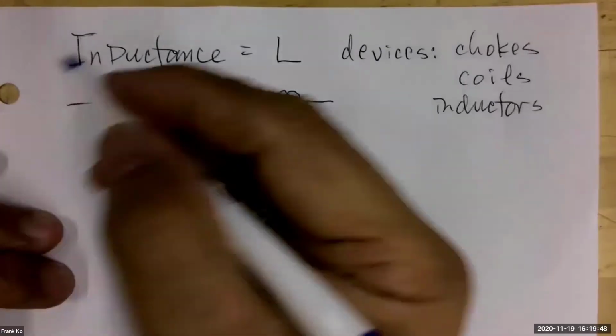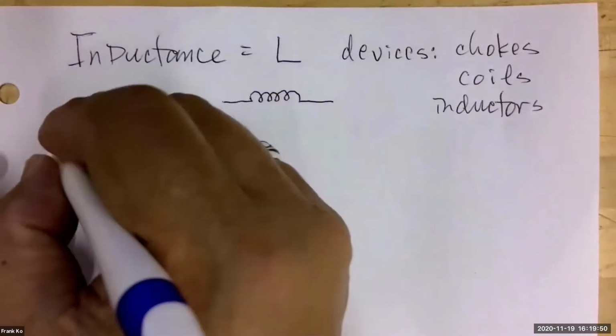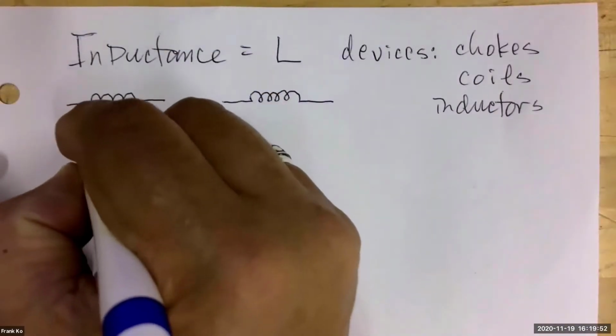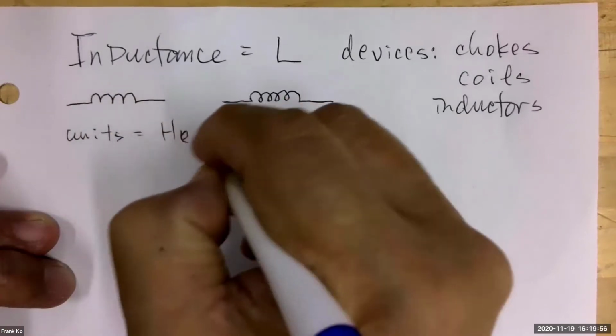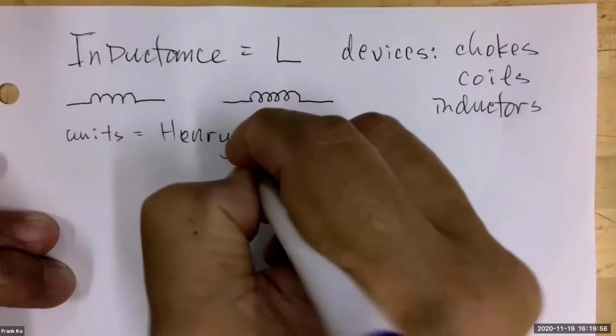Now, the property of inductance, the units are measured in something called henries. Henries.